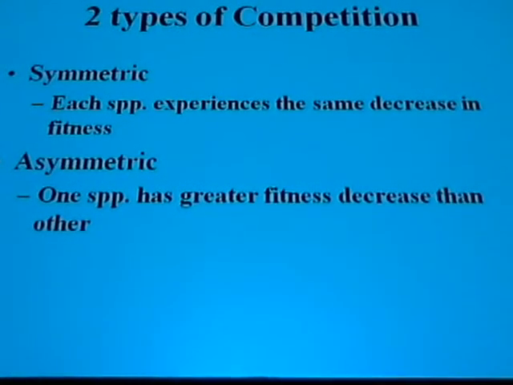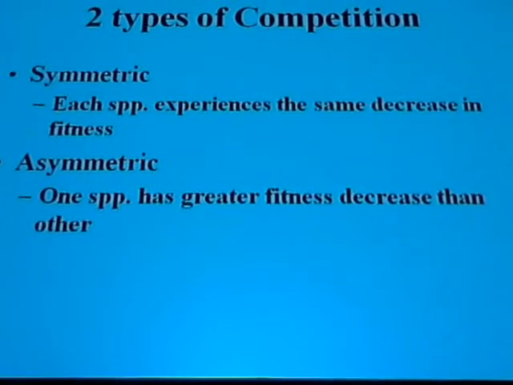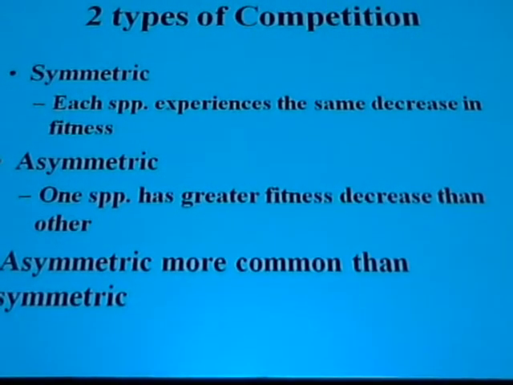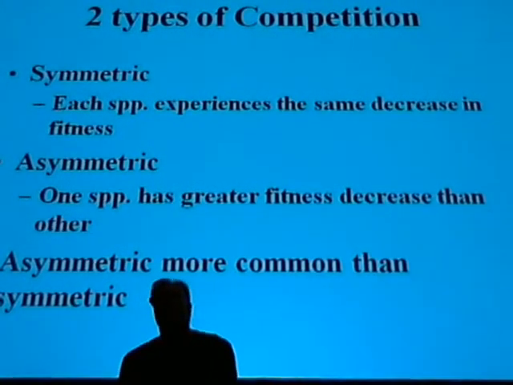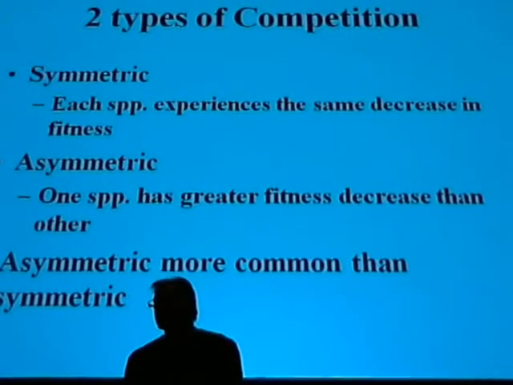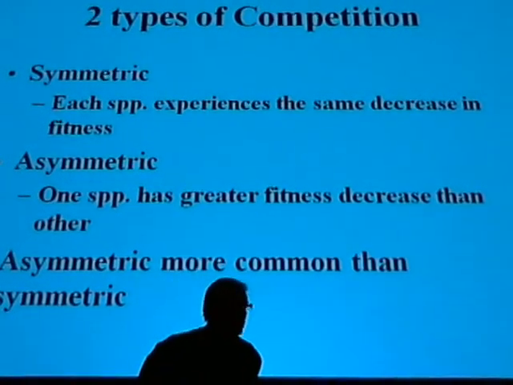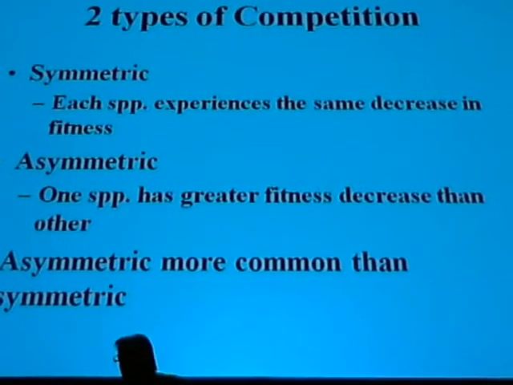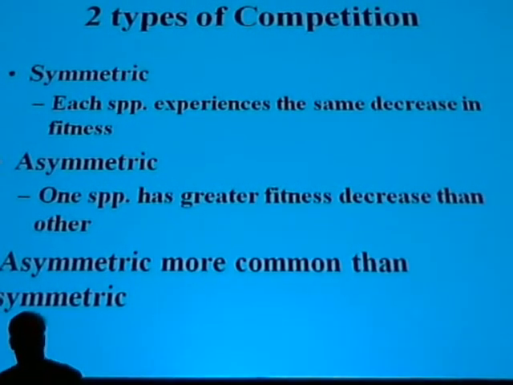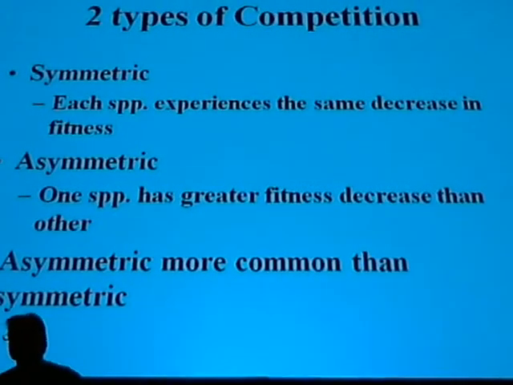So asymmetric competition is much more common than symmetric competition. And it must be asymmetric competition if the competitive exclusion principle is to occur, right? Because if there's not a clear superior competitor, then neither one will be completely excluded. But if there's a superior competitor, they'll win and the other one will be excluded.